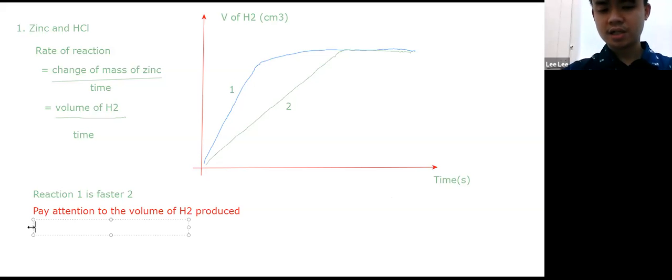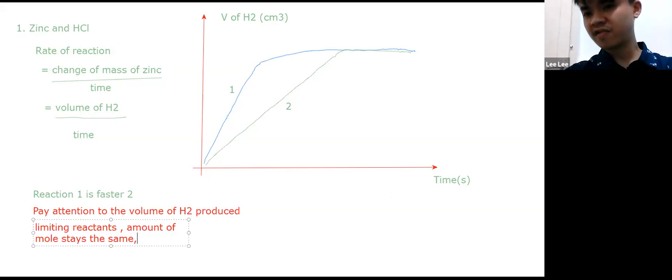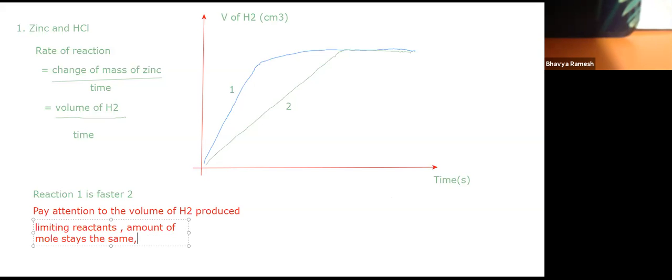It means that here the limiting reactant, the amount of mole, stays the same. Maybe you change the surface area and the stuff, but you don't change the amount of mole. That's why the end product will be the same. Understand?